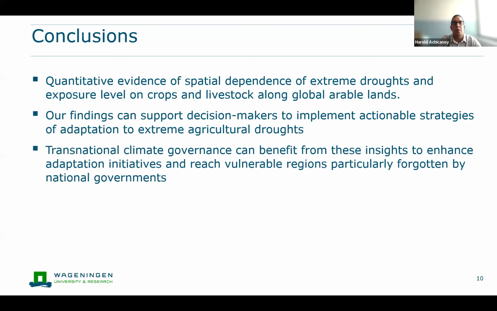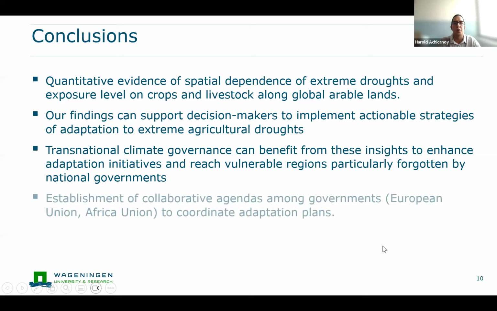Another important point of the discussion is transnational climate governance, which is a highly researched area. Basically, we are saying we are in a connected world, so it is good to have this kind of quantitative evidence to provide insights and define which are the most vulnerable regions that are forgotten by national governments.